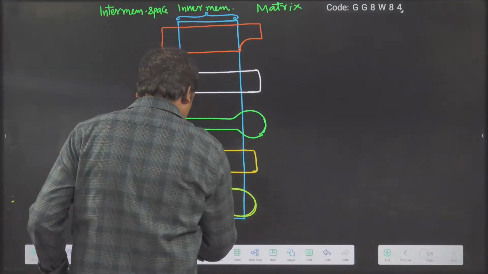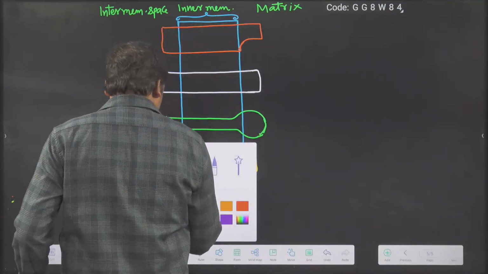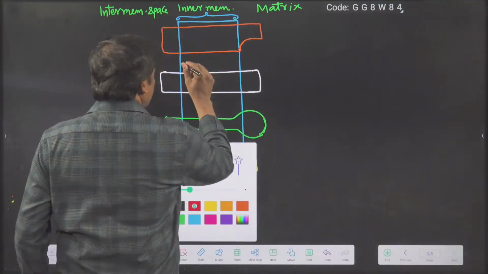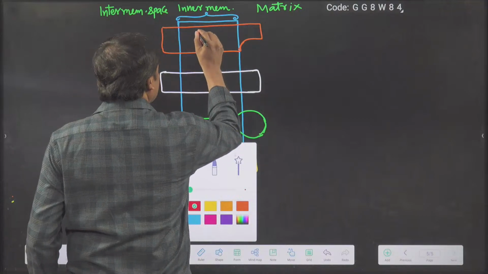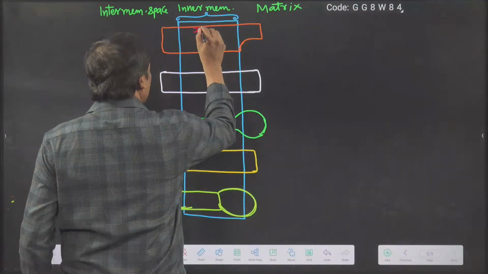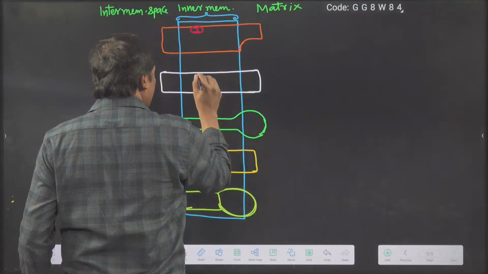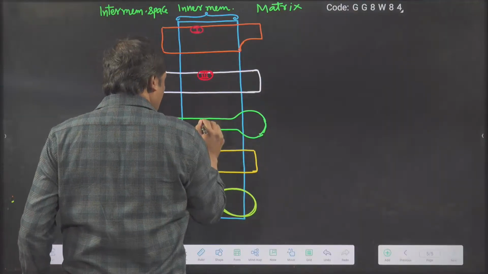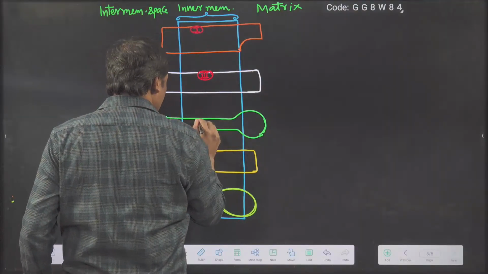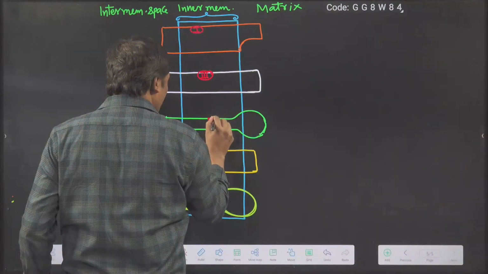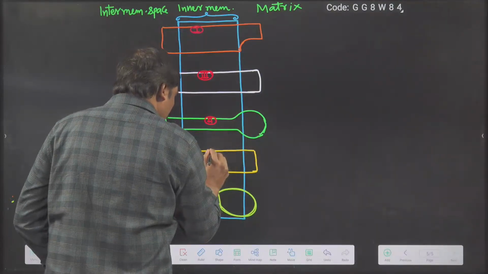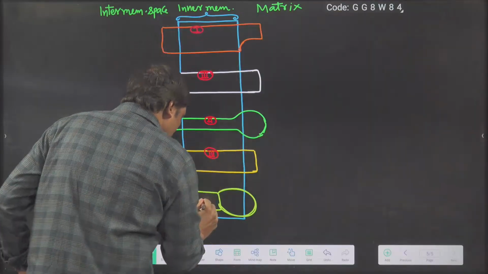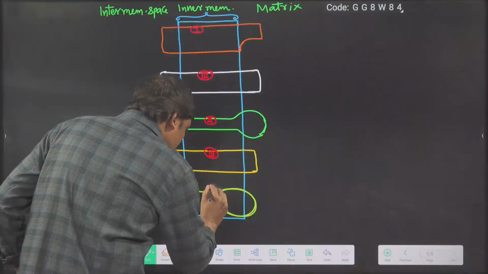Okay. So once again, we'll go through this. Complex 1, complex 3, complex 2, complex 4, complex 5.